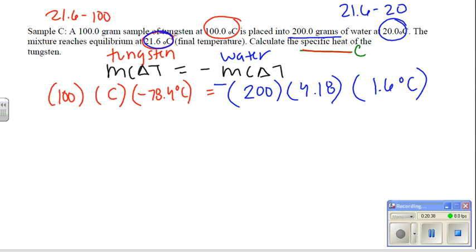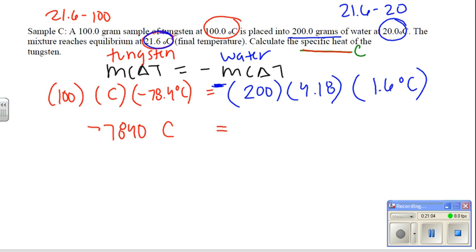Okay, so I'm going to simplify on the left side by multiplying everything together, and I get negative 7,840 C is equal to, remember, negative 78.4 times 100 will give me that, is equal to all of this stuff combined. Now remember, it's going to be negative because of this negative symbol.